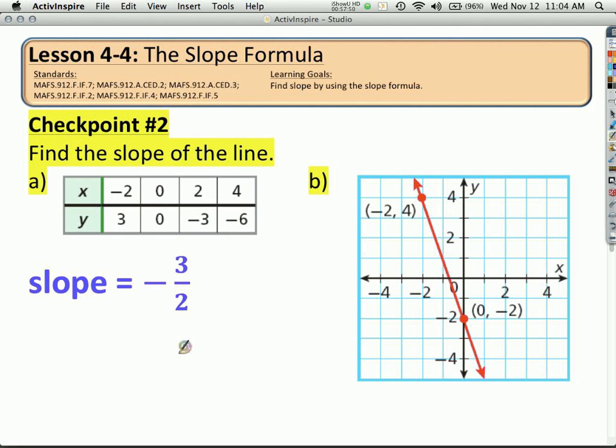I didn't simplify. Has to be simplified always. Always has to be in simplest form. So if you put -6/4, unfortunately, you can give yourself half right now, but on a test or a quiz, it will be marked wrong. Yes, Marcus? No, I said find the slope of the line.